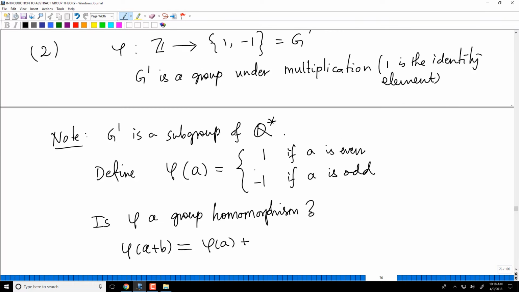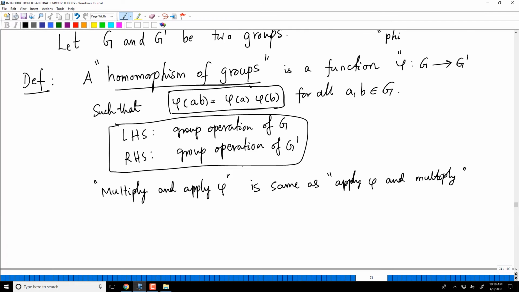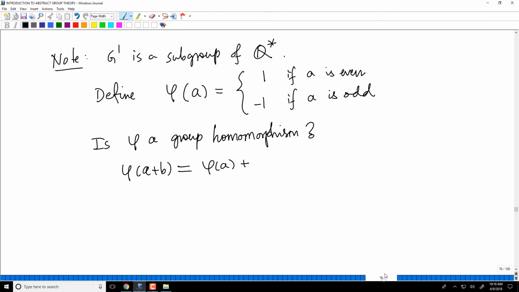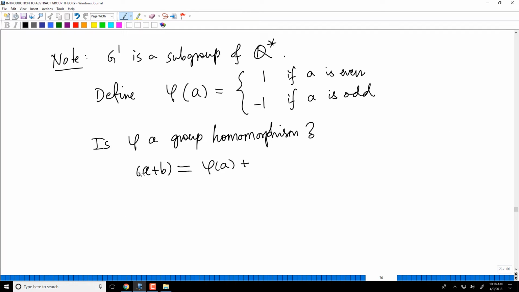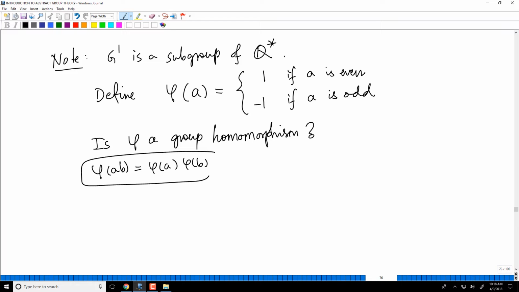If you go back and see the definition of a group homomorphism, I should say phi of AB equals phi of A times phi of B. But remember, I have clarified at that point that the multiplication here is whatever binary operation is in the group that we are dealing with. So in this example, we have Z on the left hand side, which is a group under addition, and G prime, which is {1, minus 1}, a group under multiplication. In the definition, we have to check that phi of AB is phi of A times phi of B.